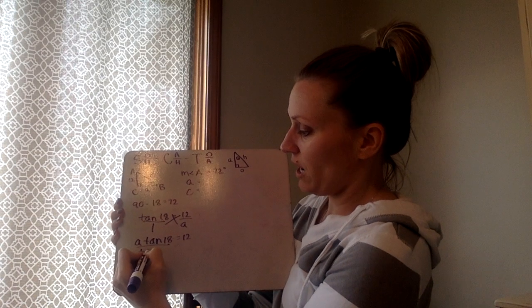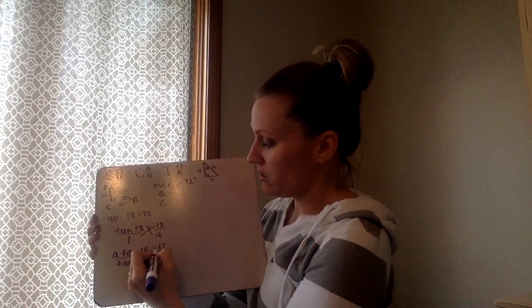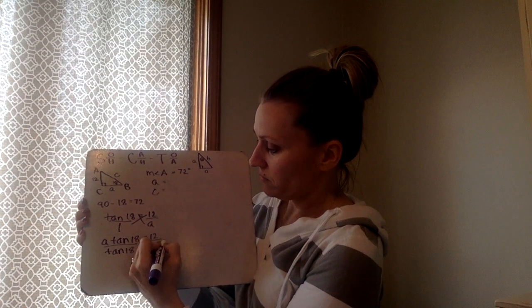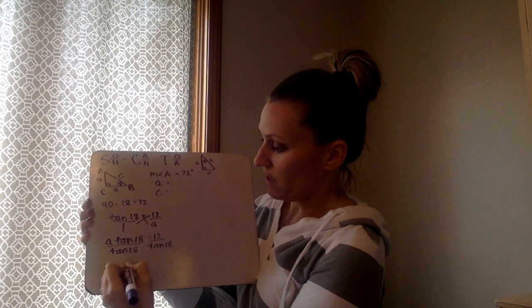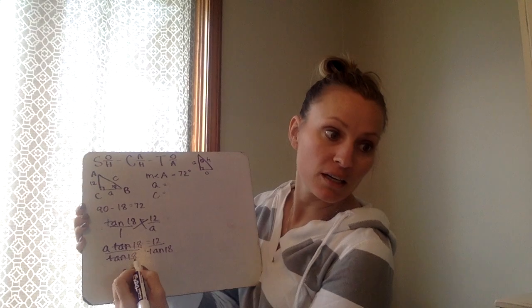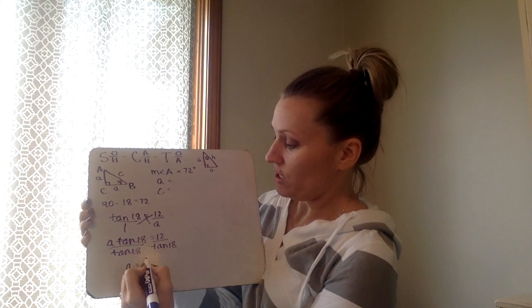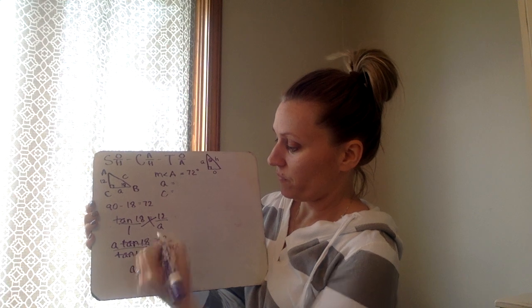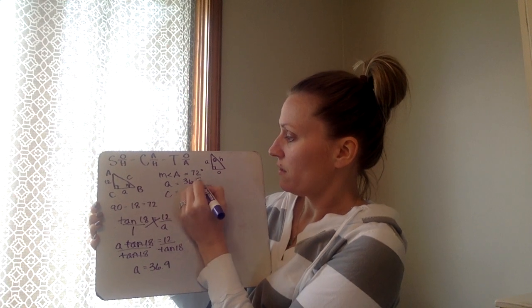And then I have to divide by the tangent of 18 on both sides to get rid of that. And A ends up being 36.9, rounded to the nearest tenth.